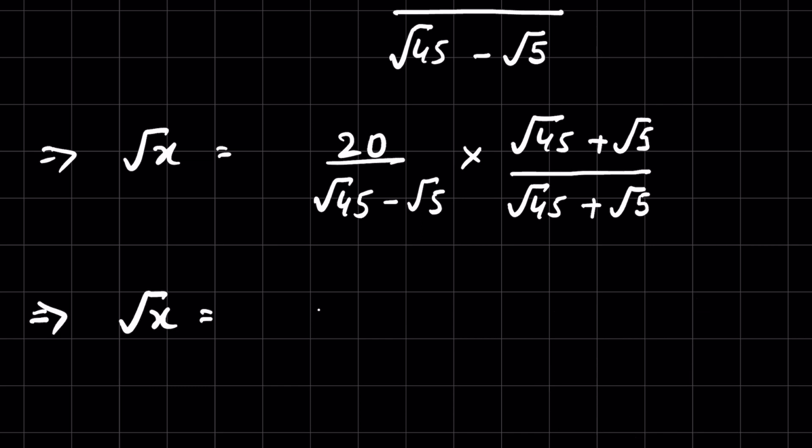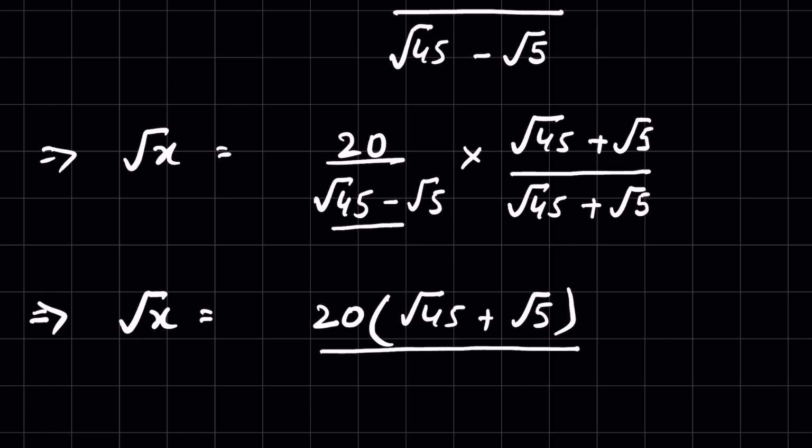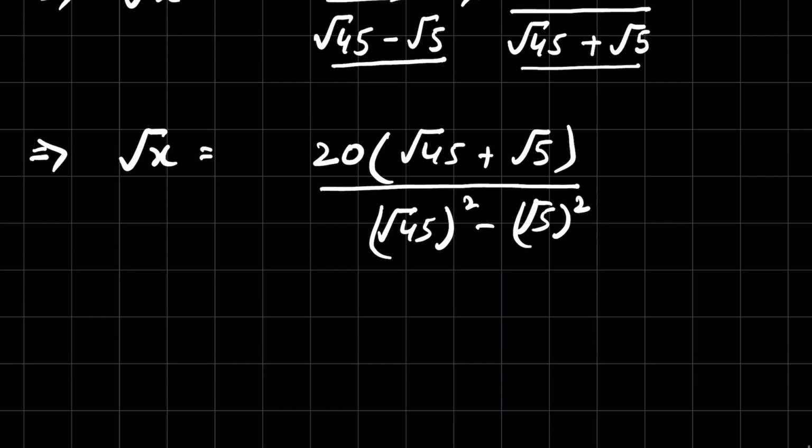Now, √x is equal to 20 times (√45 + √5) upon, this is in the form of difference of squares, (a − b) times (a + b). So, it will be (√45)² − (√5)².